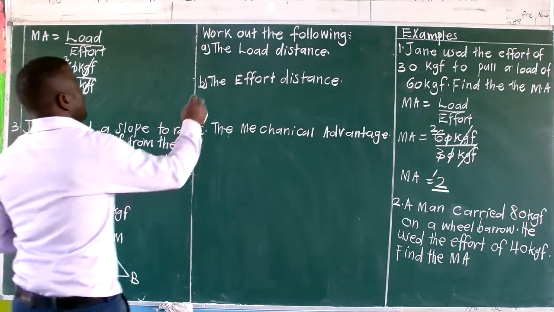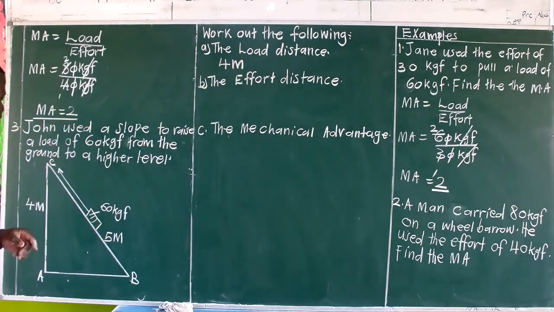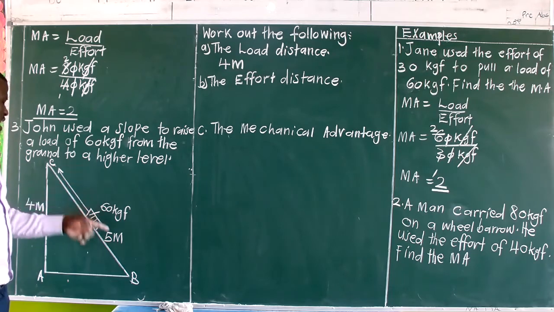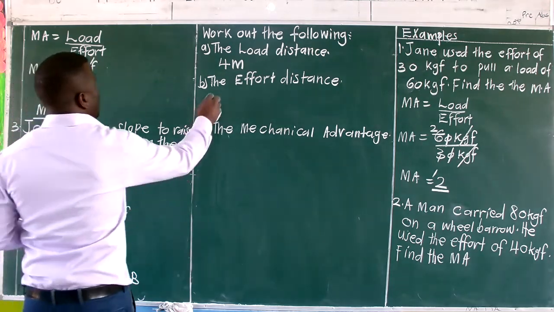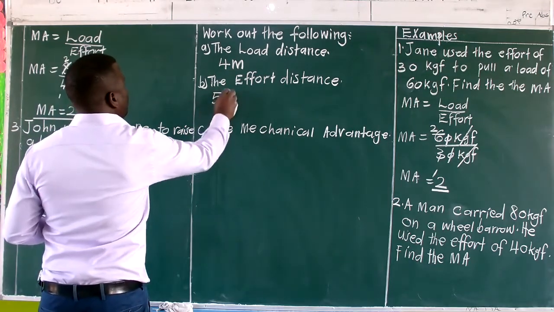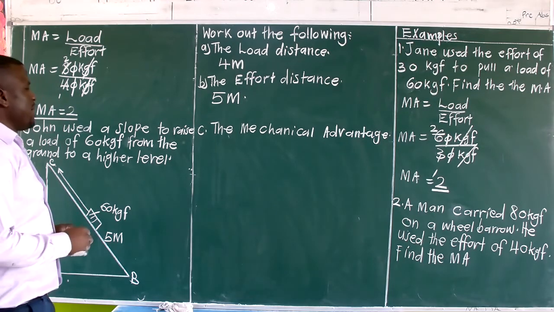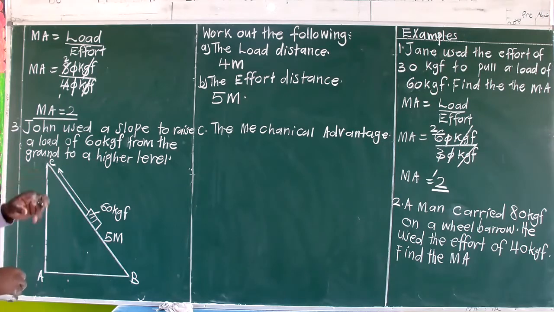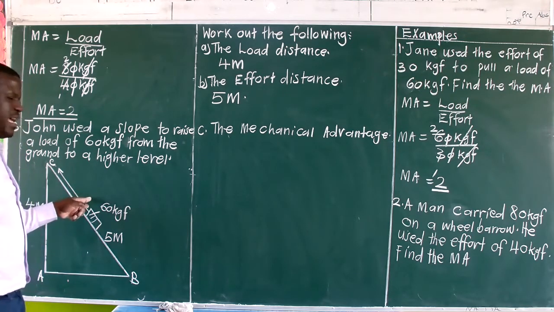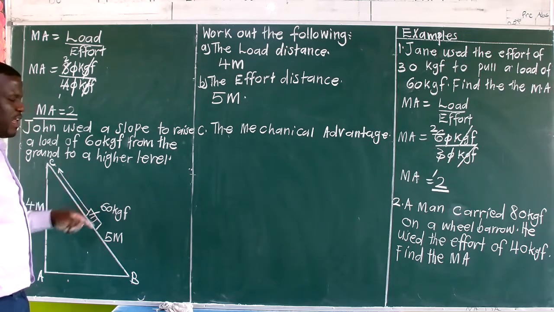So our load distance is 4 meters. Then the effort distance is 5 meters. Now, we want to calculate the mechanical advantage. We said mechanical advantage is load out of effort. But remember, in this diagram, we've not been given the effort. We only have the load.